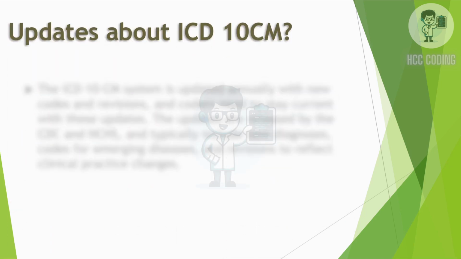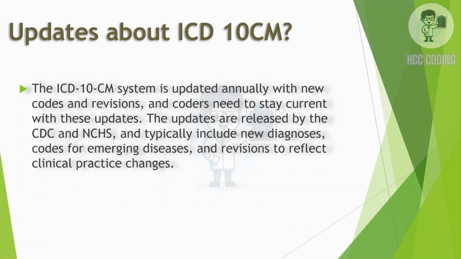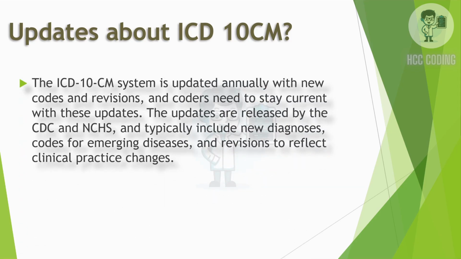And updates. Usually, this manual is not permanent. Every year, this ICD-10-CM manual will be updated, particularly on October 1st. What does an update mean? The complete book will not be changed.